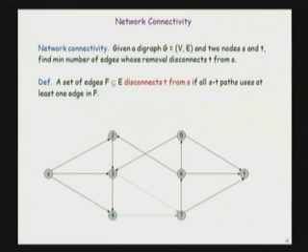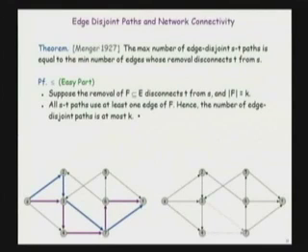Okay. So there's something going on here between the number of edges whose removals disconnect the graph and the number of edge disjoint paths. And in fact, this is true in general.